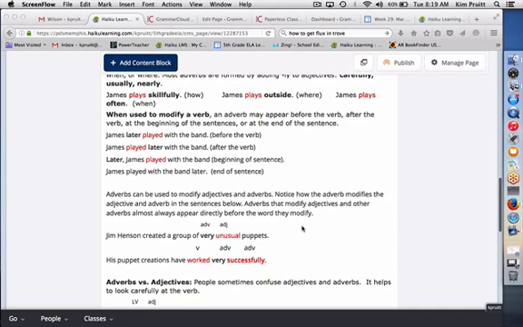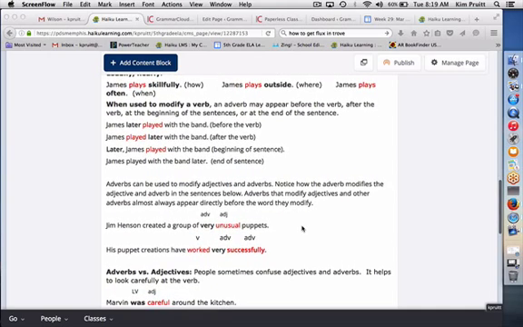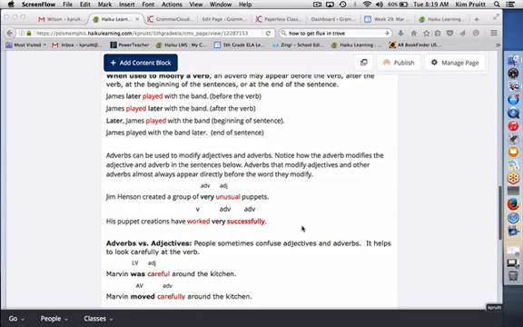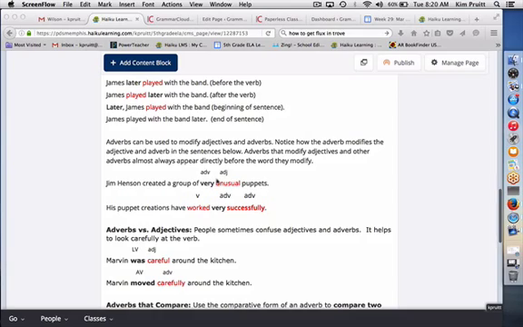Now, adverbs can be used to modify adjectives and adverbs as well. So we're going to take a look at sentences, and I want you to notice how the adverb modifies the adjective and adverb here. Adverbs that modify adjectives and other adverbs almost always appear directly before the word they modify. So they're always next door neighbors. So we've got an example. Jim Henson created a group of very unusual puppets.